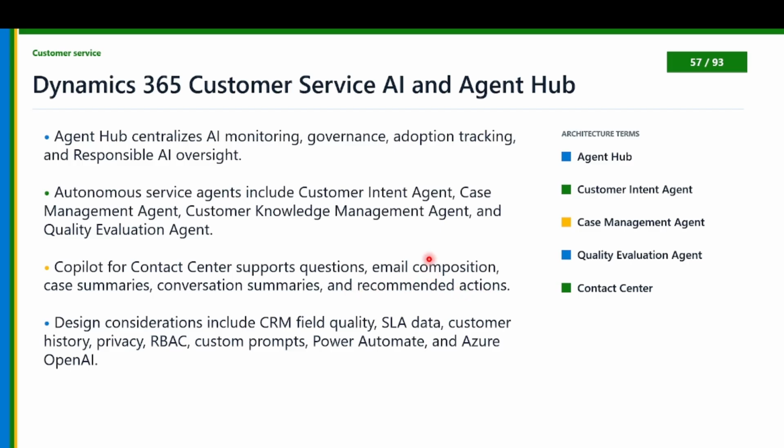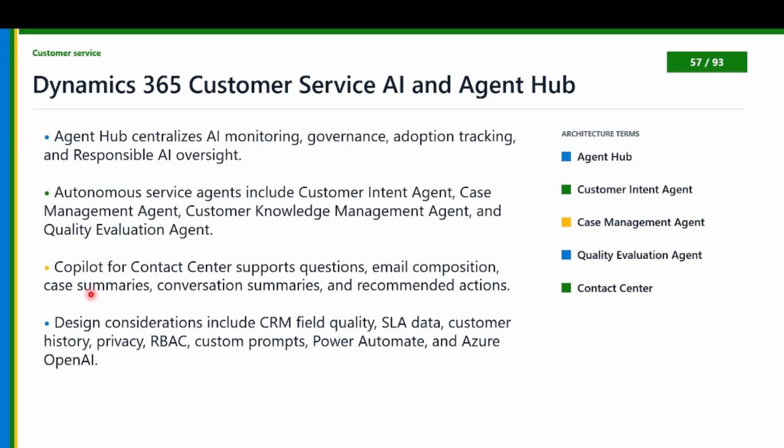In one of the use cases in the AB-100 examination, you will see this under the case study question, where they ask this kind of question about CRM, and they mention email, voice, or email voice application, something like that. Please understand these terms and understand the kind of agent that can be deployed on this platform. Understand Agent Hub as the central business center for monitoring AI, governing AI, adopting and tracking AI, and for responsible AI oversight.